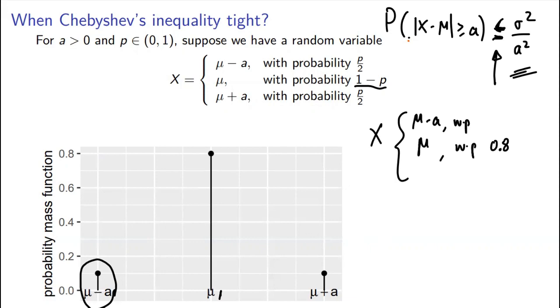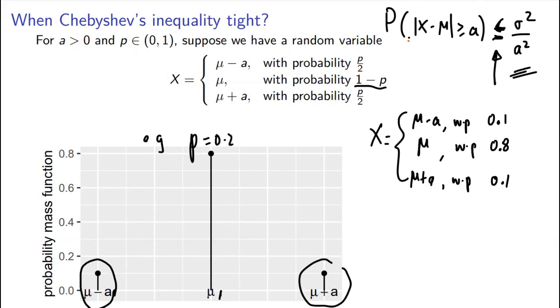The random variable also takes a value of mu plus a units above the average, with probability of 0.1, which is p over 2. So in this case, p is 0.2.